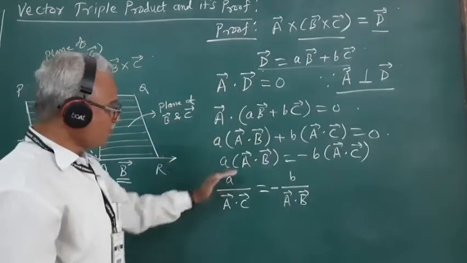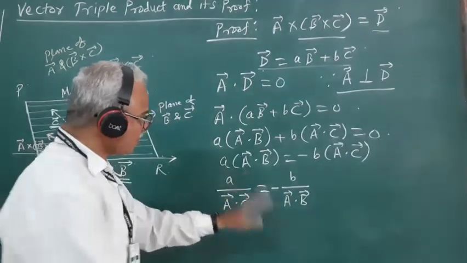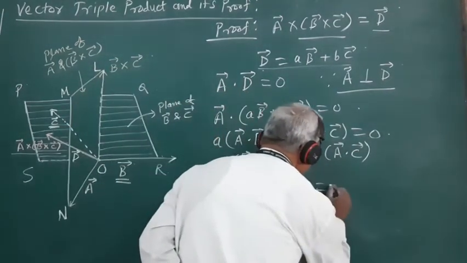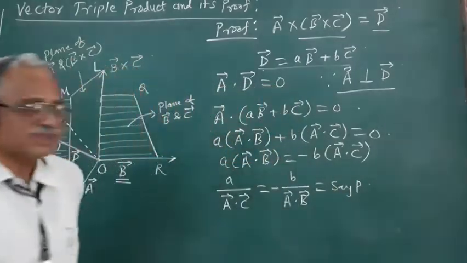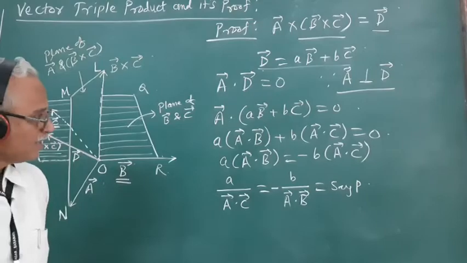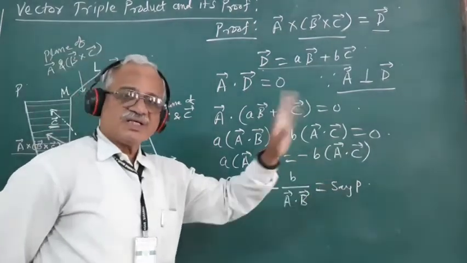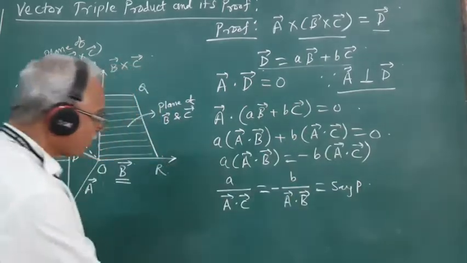So this ratio remains constant, and this ratio, this constant, is say equal to P. Suppose this ratio is equal to P, a constant. The value of this constant can be obtained. How? That we'll see later.